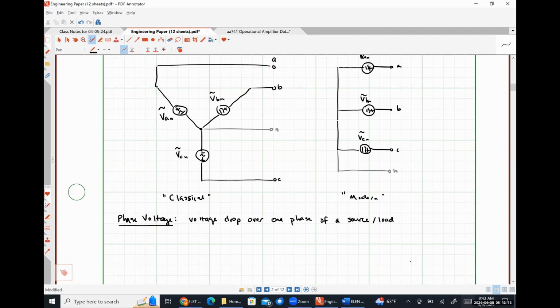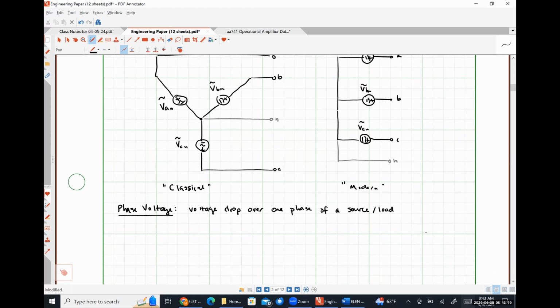So in this Y-connected voltage source, our phase voltages are literally just the voltages VAN, VBN, and VCN. So it's just the voltage that's provided by the source. That's all a phase voltage needs to be.